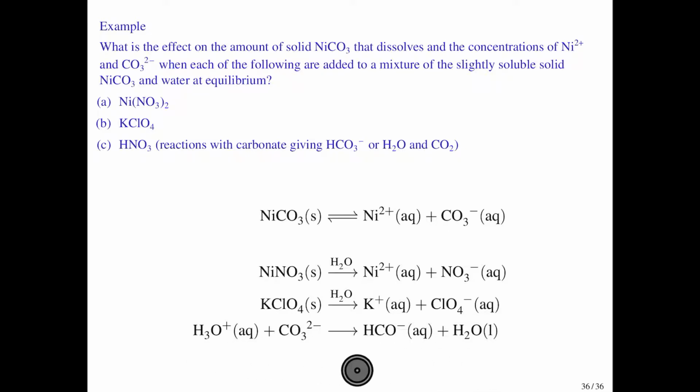And so the trick here is that this ion will react with the acid. So this is a fairly strong base, so it's going to react with the acid to form the weak acid anion. That's going to effectively consume some carbonate, and that will cause the nickel carbonate to become more soluble when you add an acid.